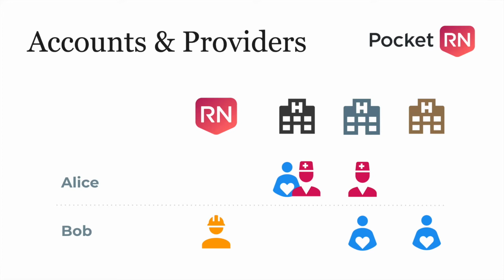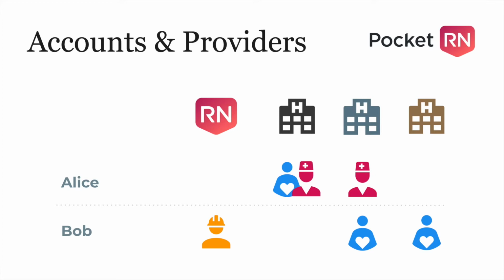So what we did is we added the capability for our users to have providers that they're a part of and different account types that they're a part of as well. As an example, we have Alice and we have Bob.